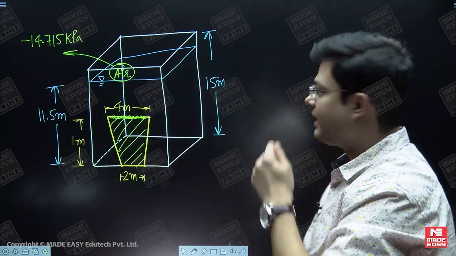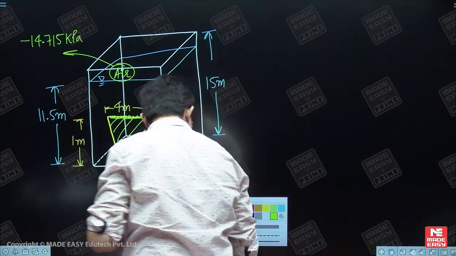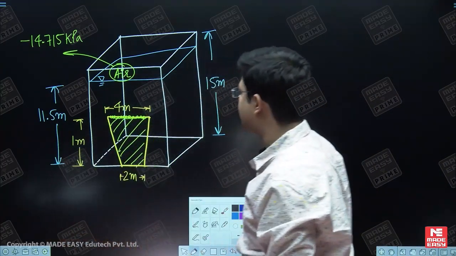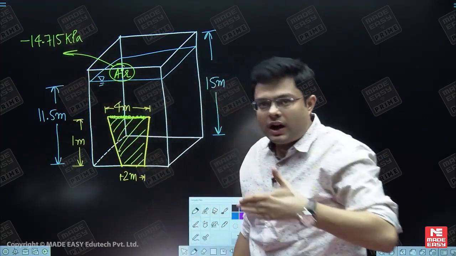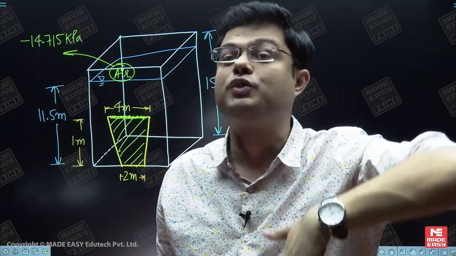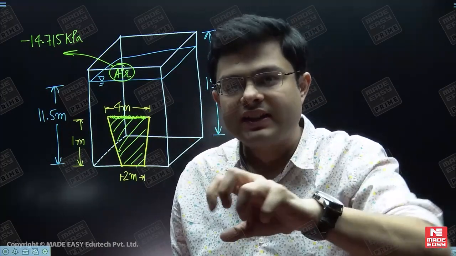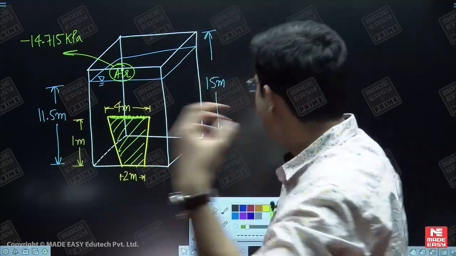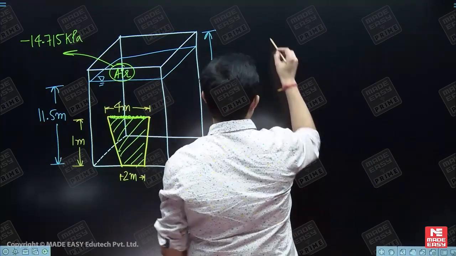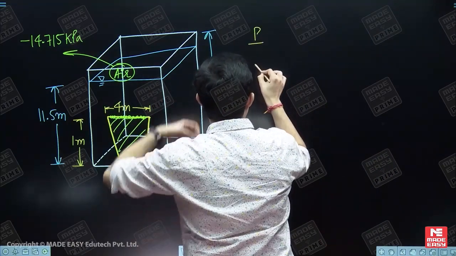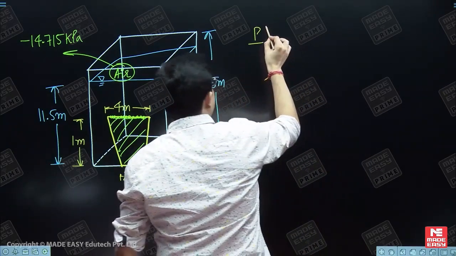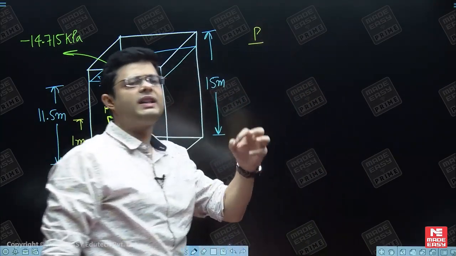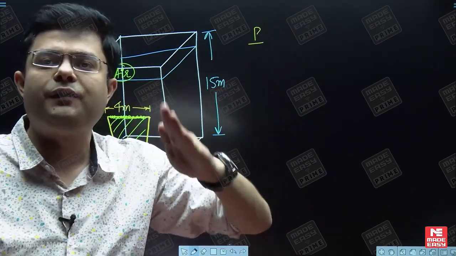Now, how to create that imaginary liquid surface? Very simple. This much pressure is there. Convert this pressure into water head. How do we do that? So, how to convert any type of pressure into any fluid head?